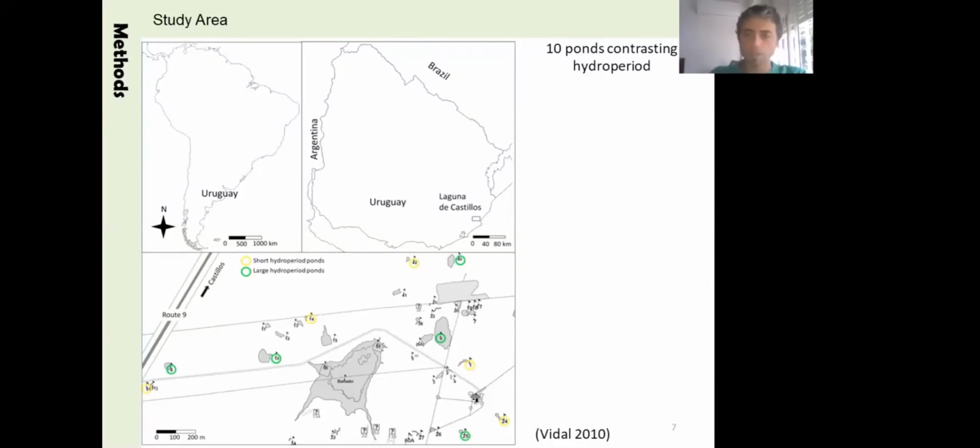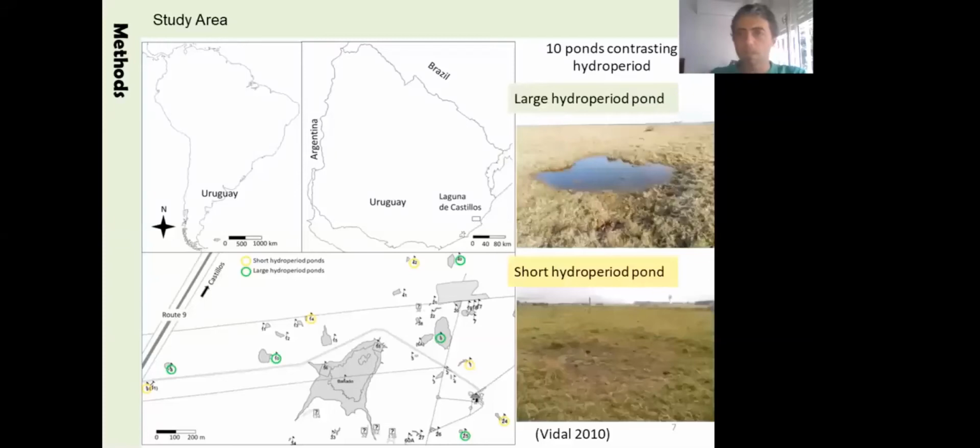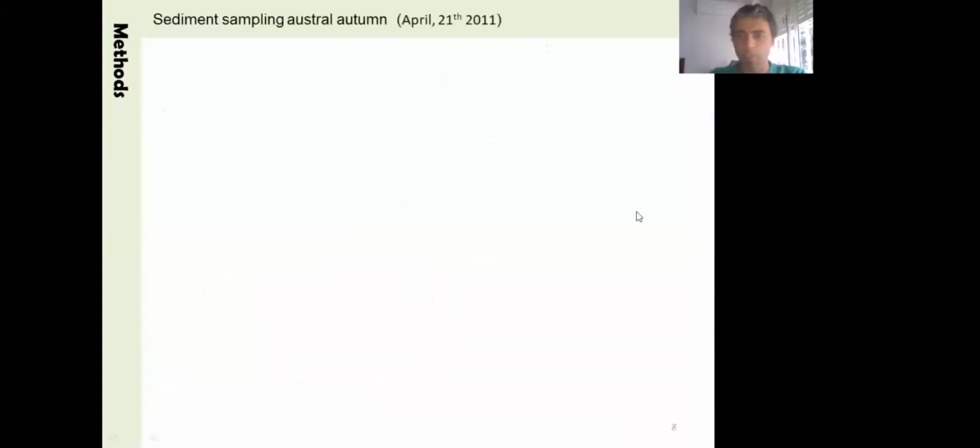We selected 10 ponds with contrasting hydroperiods, long hydroperiod and short hydroperiod ponds, based on several sampling campaigns. We defined the long hydroperiod based on how many times we found the pond with water in each campaign.